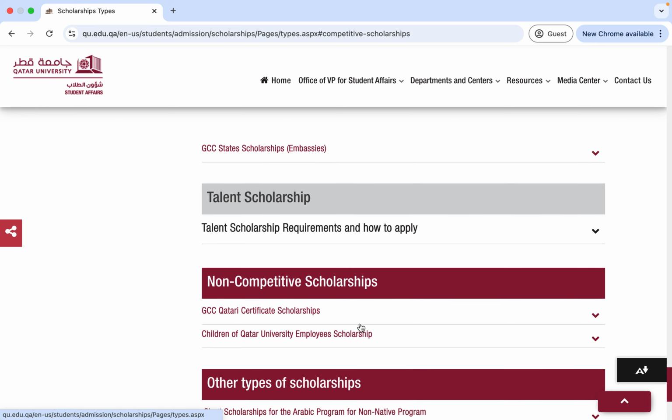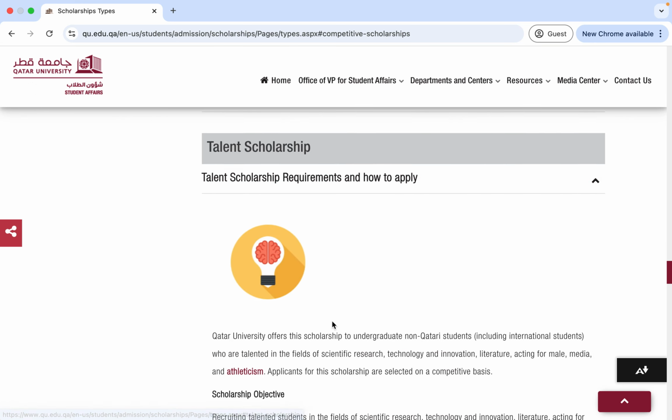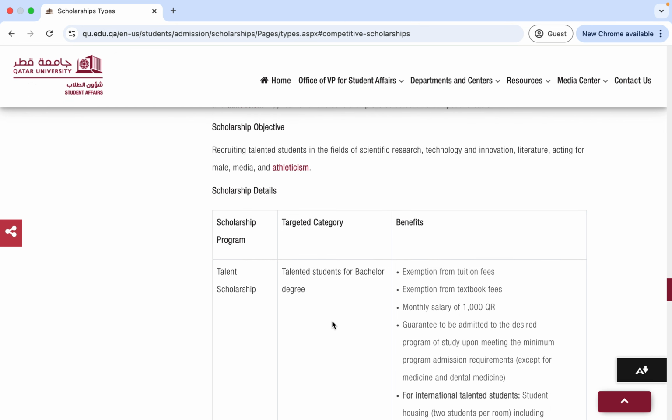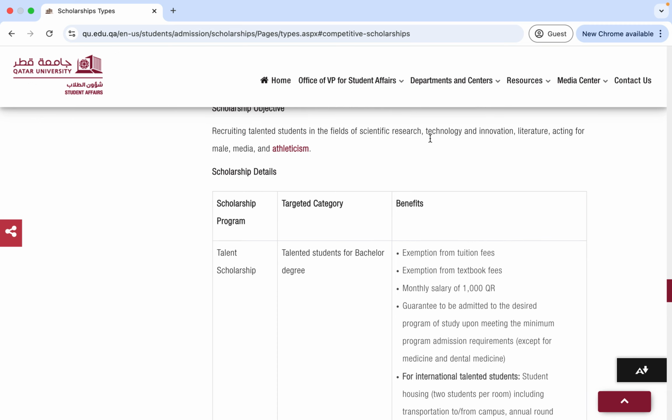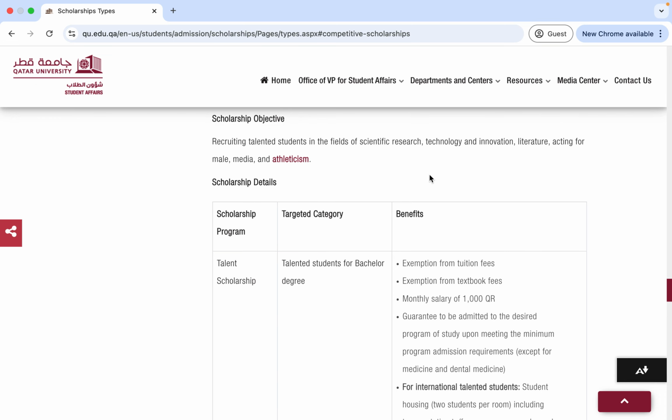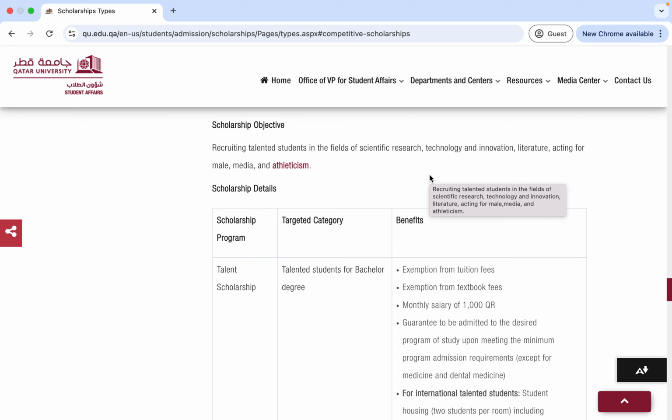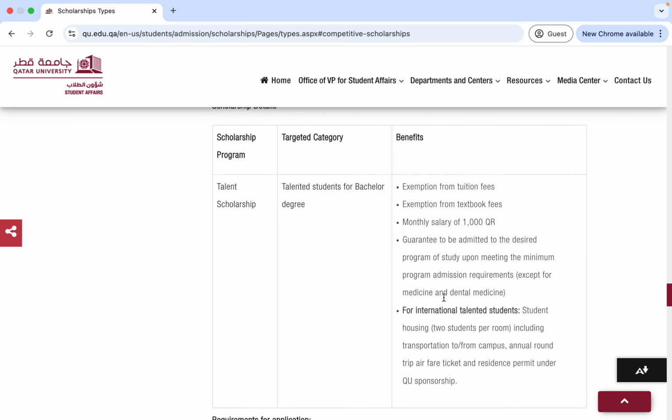Then there is another one, which is the talent scholarship, requirements and how to apply. This scholarship actually applies to students who are already existing there, in terms of literature, research, technology, and the rest of it. So you can apply to this school, and when you are admitted, you can apply for this because you have to be excelling.